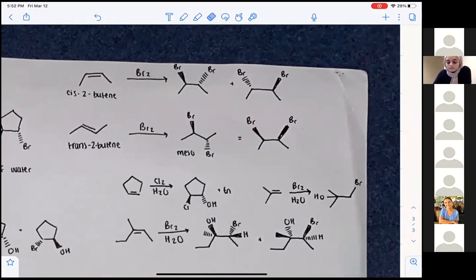It didn't really mention the bicyclic ring, it only mentions a regular chain, so I don't know if it mentions the exception. I think this is in the book. I may have read it wrong, but I thought the trans 2-butene was the only one that had the meso, so it was only one. But I'm not sure exactly.